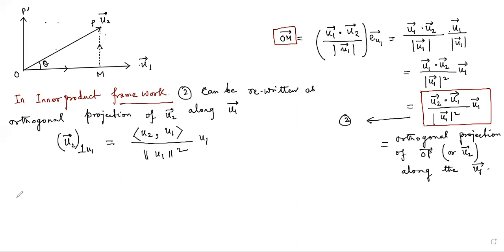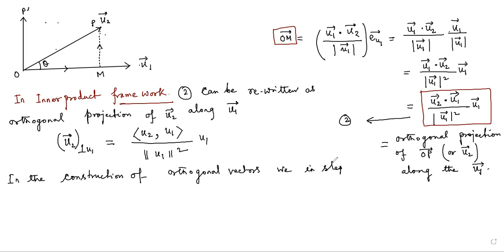Okay. Now, in the construction of orthogonal vectors, in step one we wrote w1, the new vector w1, simply as the vector u1.